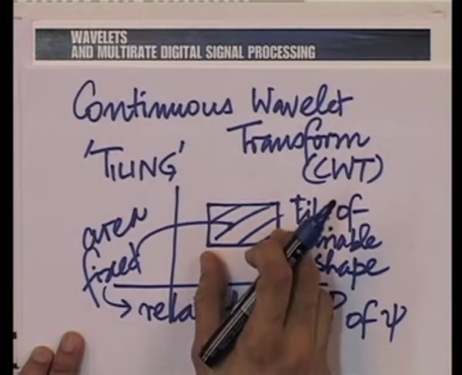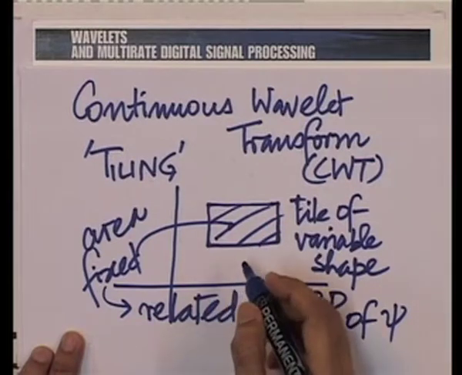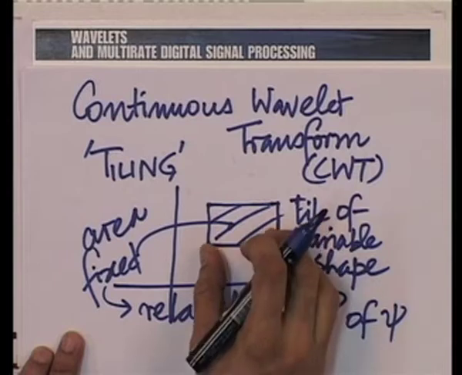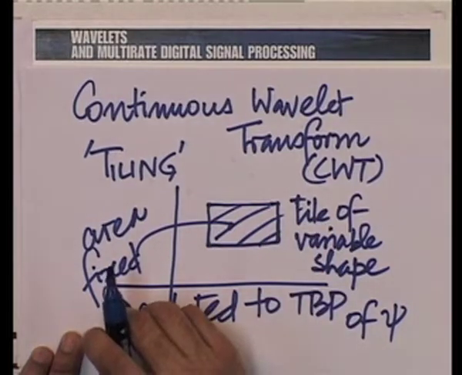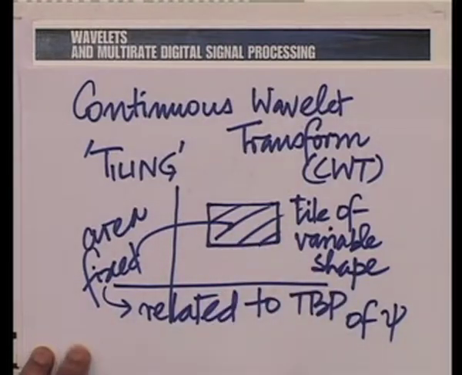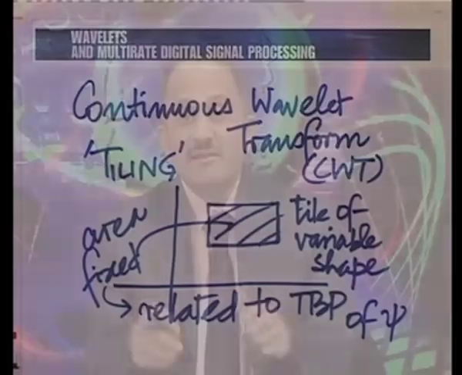What happens as we change, and of course, here we must interpret this tile as moving based on tau naught and S naught. Now, when one increases S naught, one is essentially compressing or expanding, depending on if you increase S naught or decrease S naught.